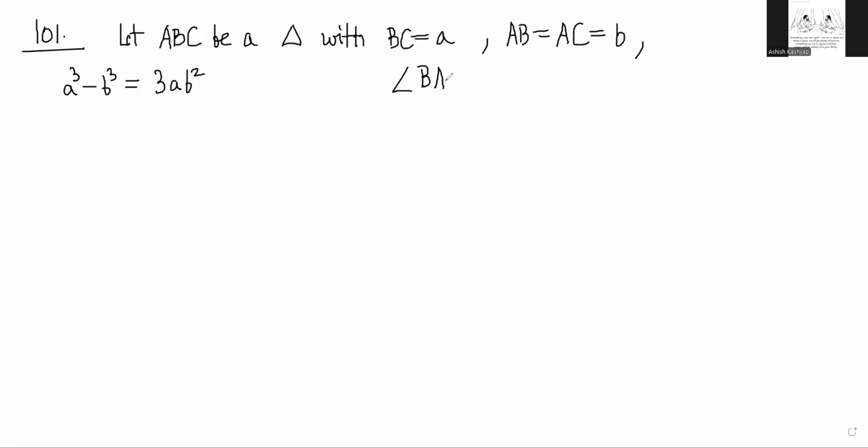You have to find angle BAC. Fine. So it is an isosceles triangle.